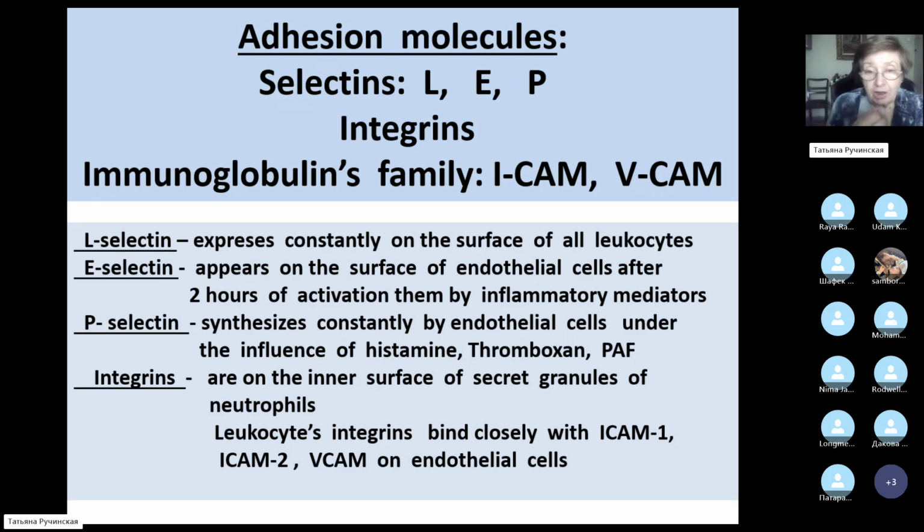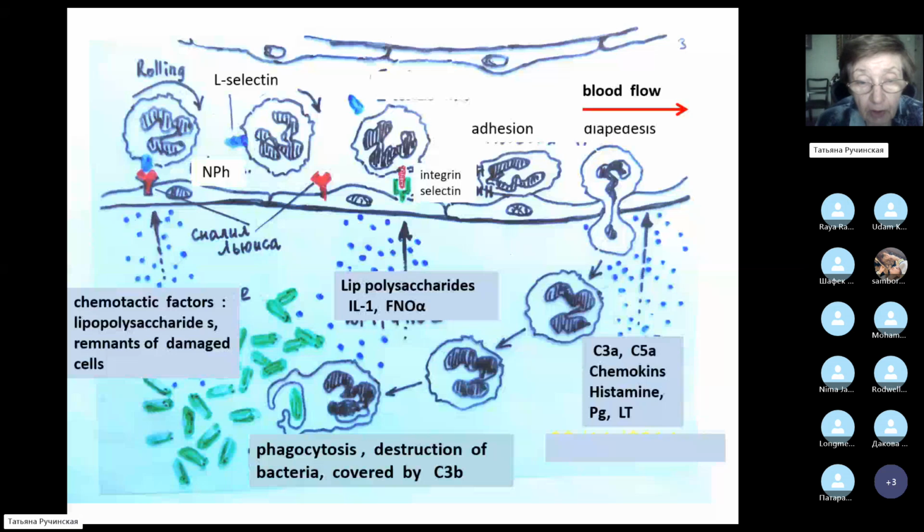Now, this is again about the stages of phagocytosis, of emigration. You see, that is the first. This is a neutrophil with segmented nucleus. On the neutrophil appears L-selectin. L-selectin will bind to its own receptors, but the contact is weaker.